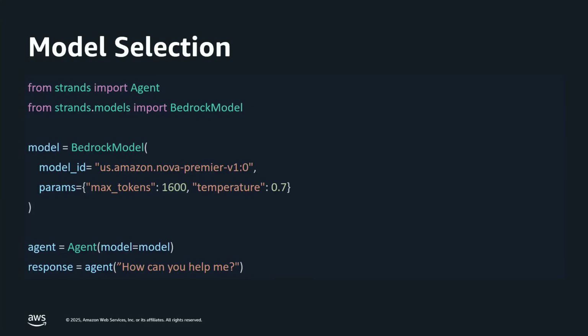If we take a look a little deeper, this is a code example of defining your model provider and your specific model. There are a series of supported model providers with the Strands SDK: Bedrock, SageMaker, other third-party providers, Gemini, OpenAI, and more. Once you define your model provider, you'll pass in the model ID.